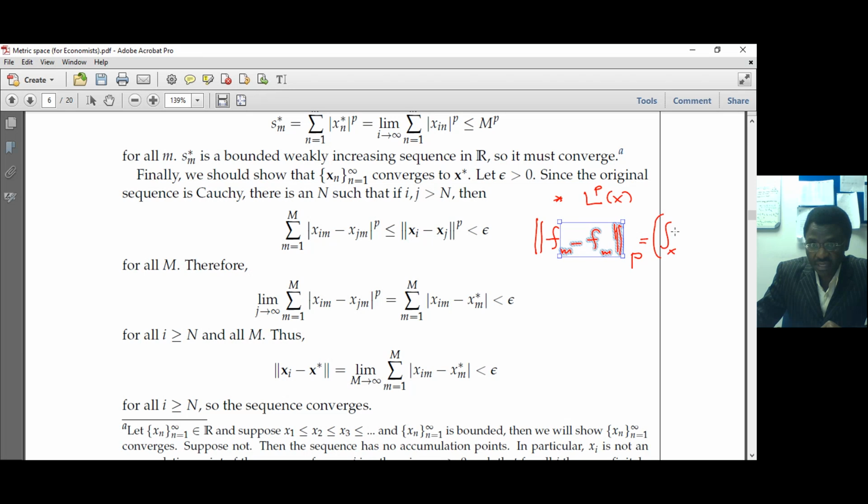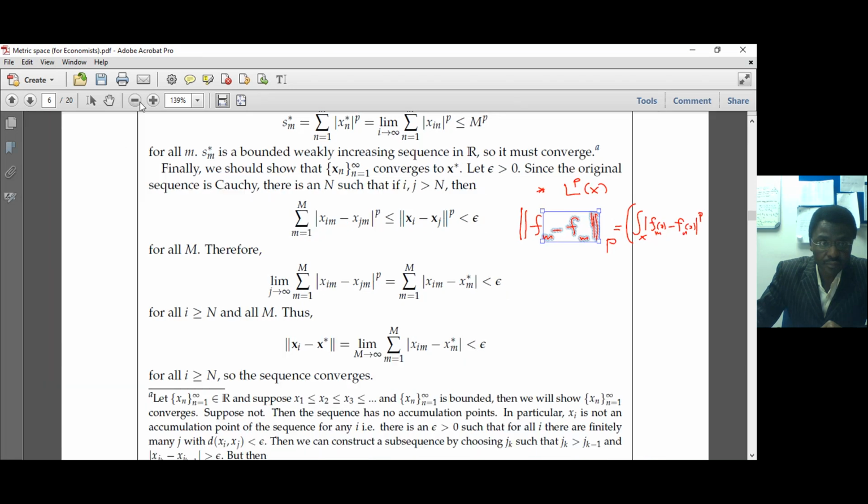The integral here. And now here we have absolute value of f_m(x) minus f_n(x), absolute value to the power of p, dx, like this. Okay, I will continue here, dx.